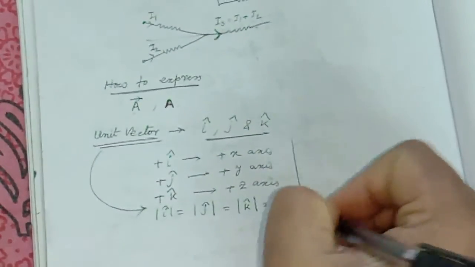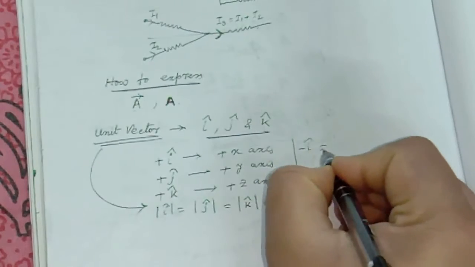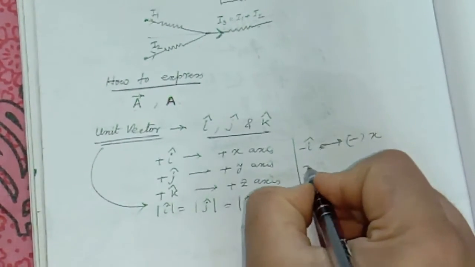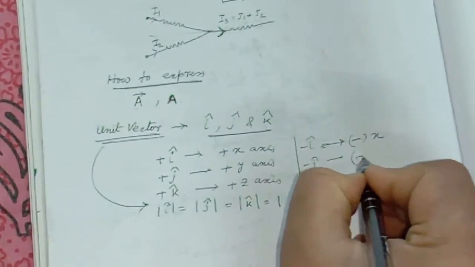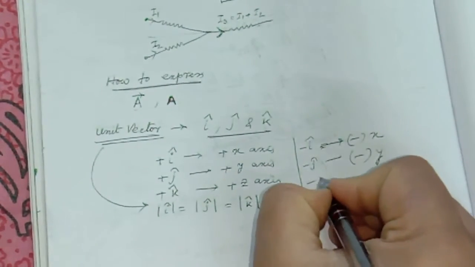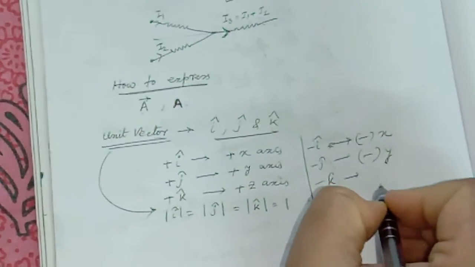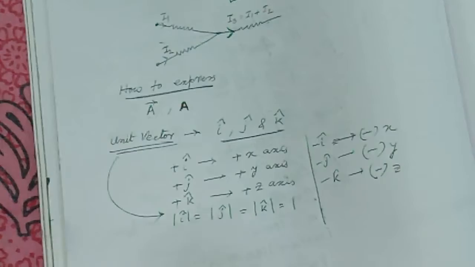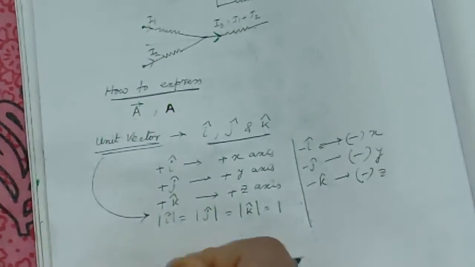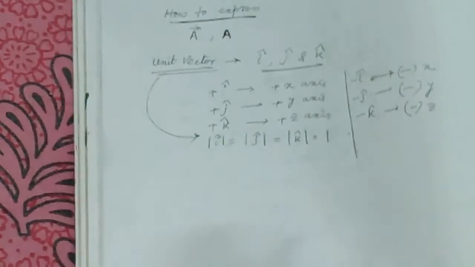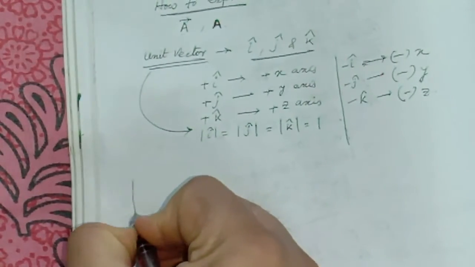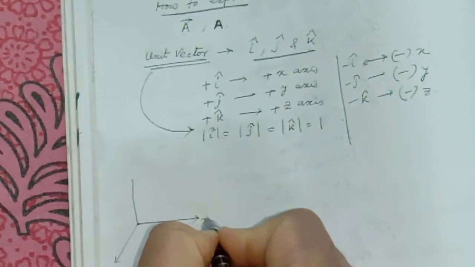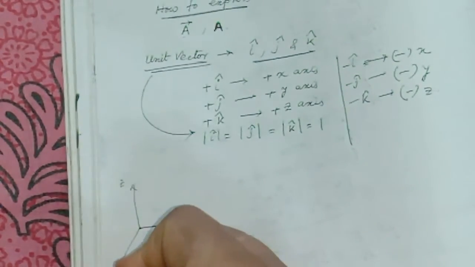Now, similarly, minus i cap indicates the negative x axis, minus j cap indicates the negative y axis, minus k cap indicates the negative z axis. Okay. Let us consider the three axes x, z and y.